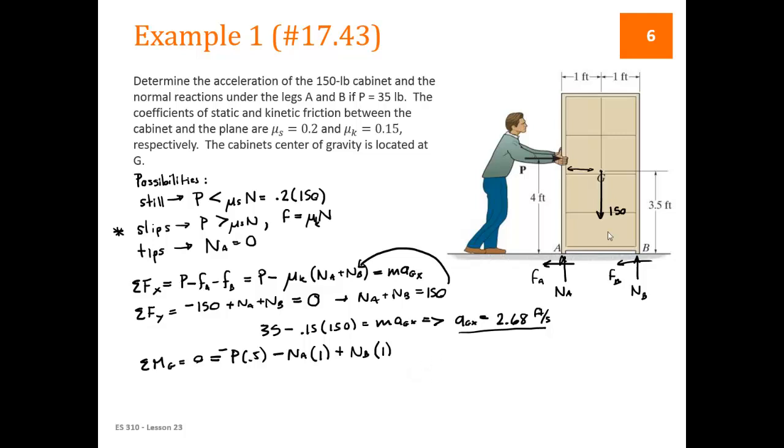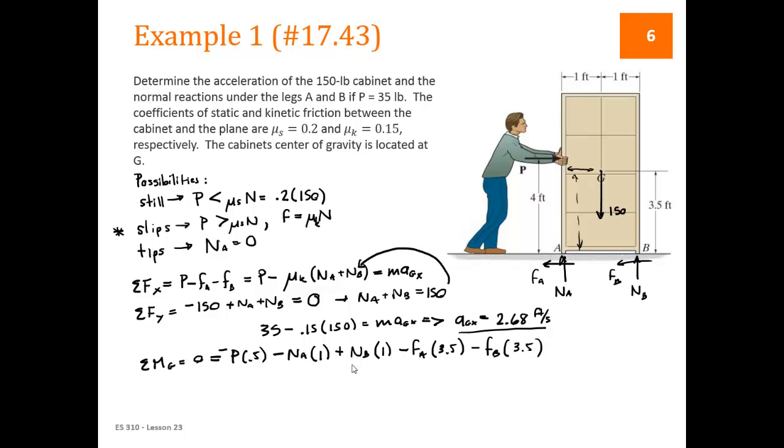And then we have the two frictions. So we have FA, which is giving us a negative moment, FA times the perpendicular distance from FA to G, which would be this one, so 3.5. And then we have FB, same distance and same direction.